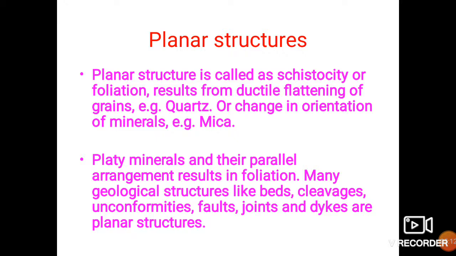It is also a planar structure. In this paper of structural geology, we are further going to study different structures like beds, cleavages, folds, faults, joints, dikes, unconformities. All these are planar structures.